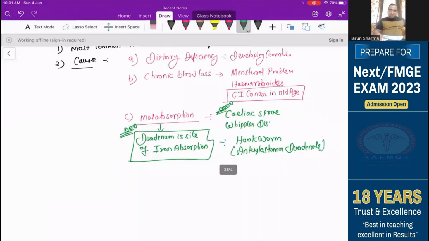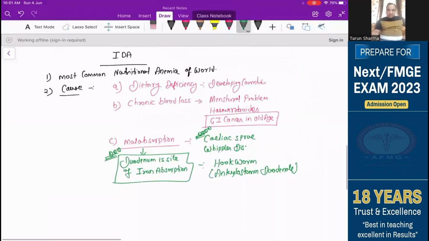So these are a few important causes that you must know whenever you're thinking about iron deficiency. It's not simply that the patient has iron deficiency anemia and you just start the treatment, because if you are not able to make out the cause of the iron deficiency, then the patient will again have the same disease within a few days, even if you are supplementing the iron. Why? Because you have not ruled out the cause. If there is blood loss, then you have to treat the blood loss also.